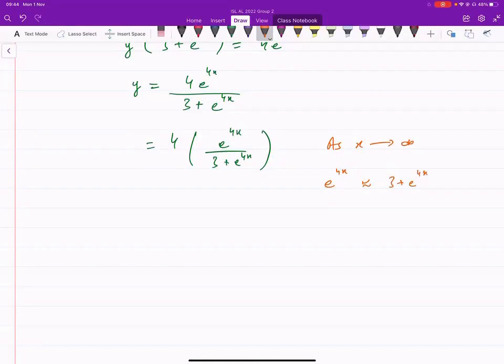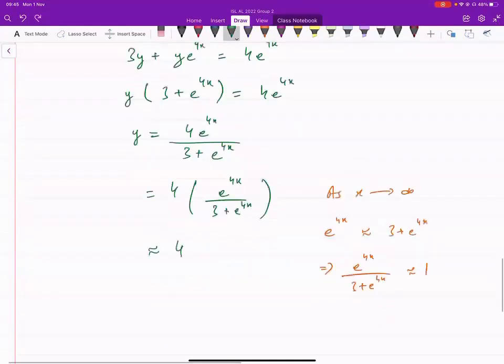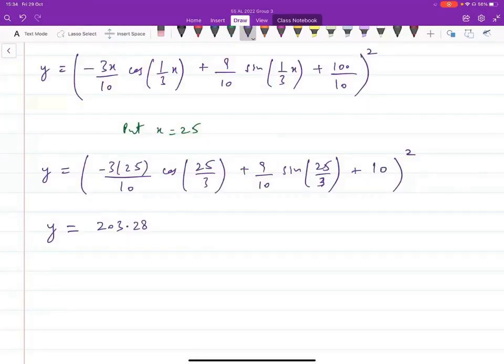There's no real difference between them. That implies that e raised to power 4x over 3 plus e raised to power 4x is approximately equal to 1. When that whole thing becomes 1, you're left with 4. So that is what happens to the value of y as x becomes extremely large.